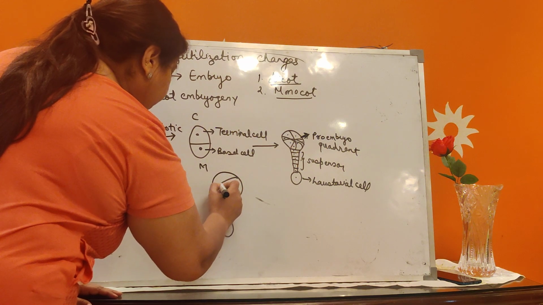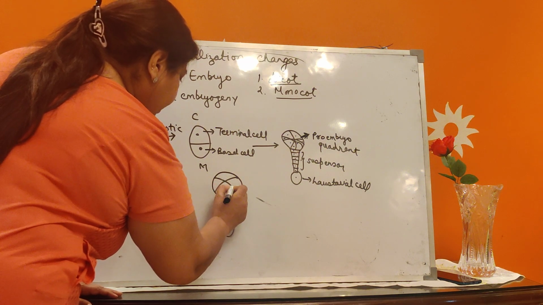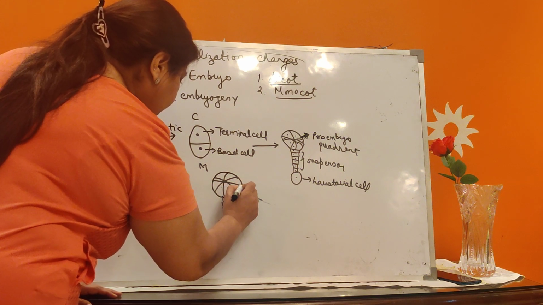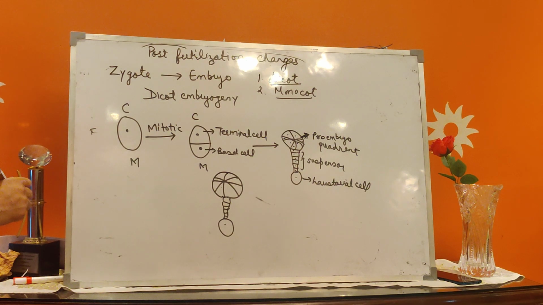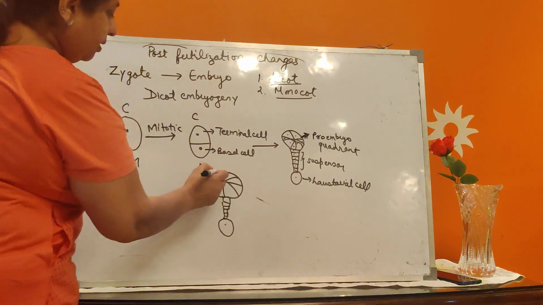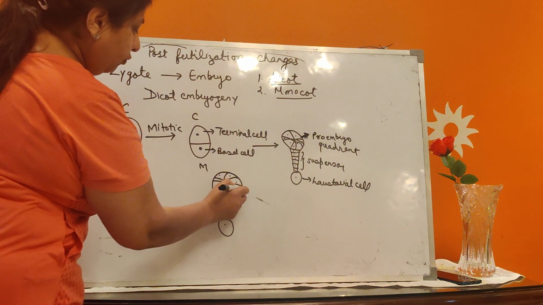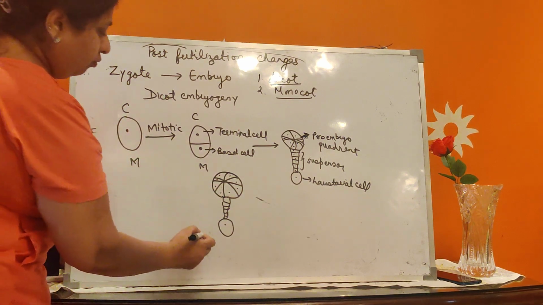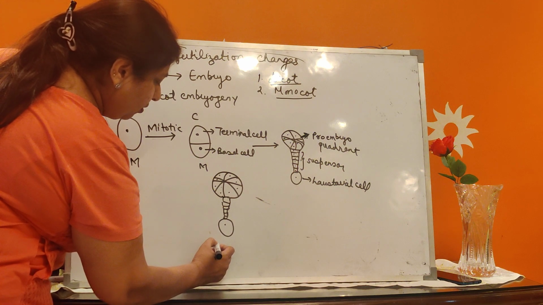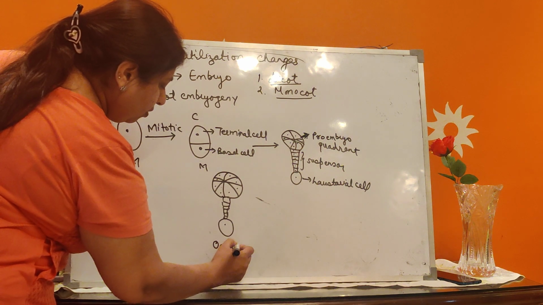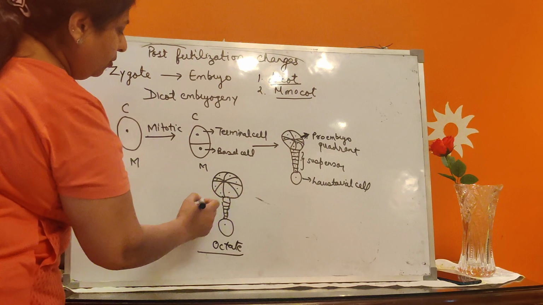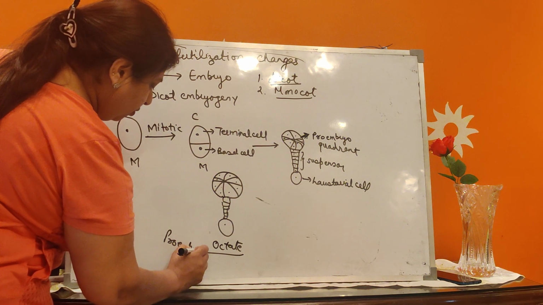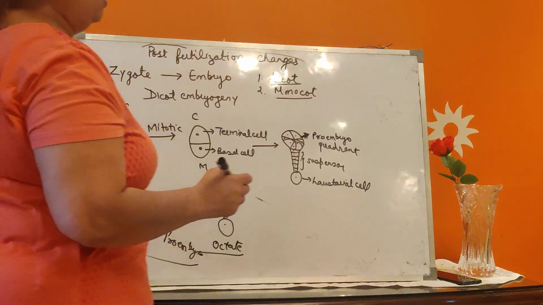This proembryo undergoes mitotic division in such a way that 8 cells are formed: 1, 2, 3, 4, 5, 6, 7, 8. And this is called the octet of the pro-embryo.